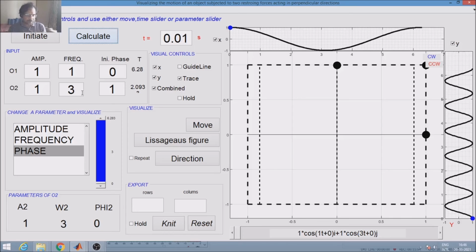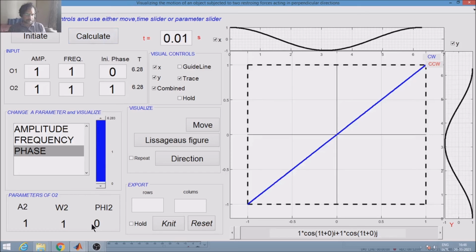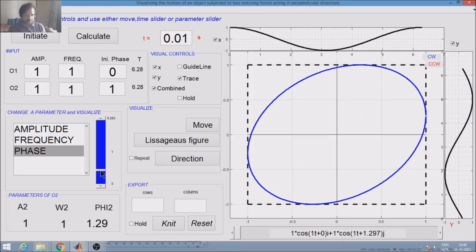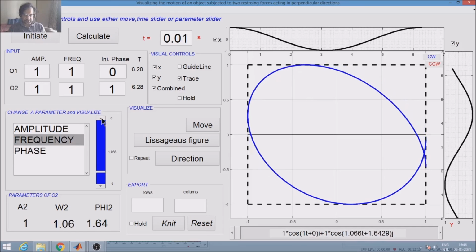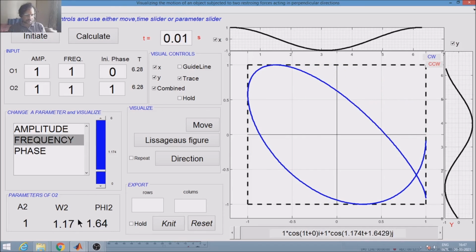Now let us look at the effect of changing the frequency itself. Let's start from 1. Let's start with some phase and then let's change the frequency. You can observe the frequency is 1.17.